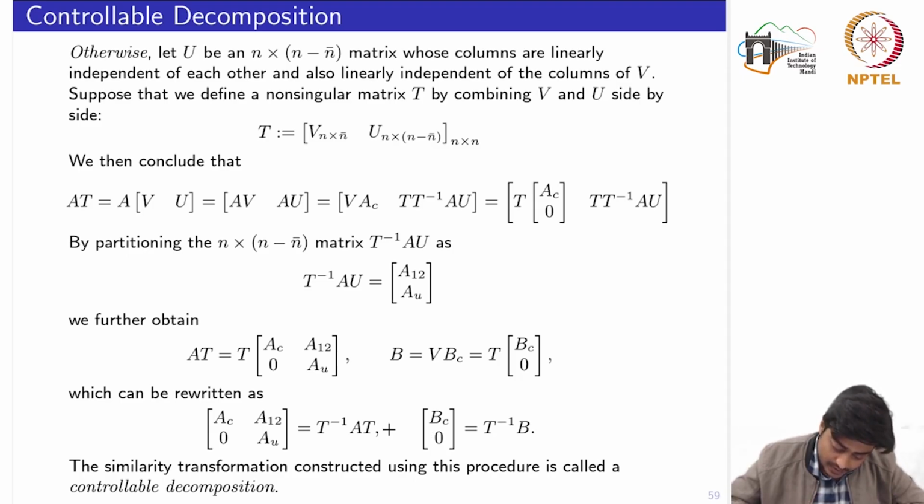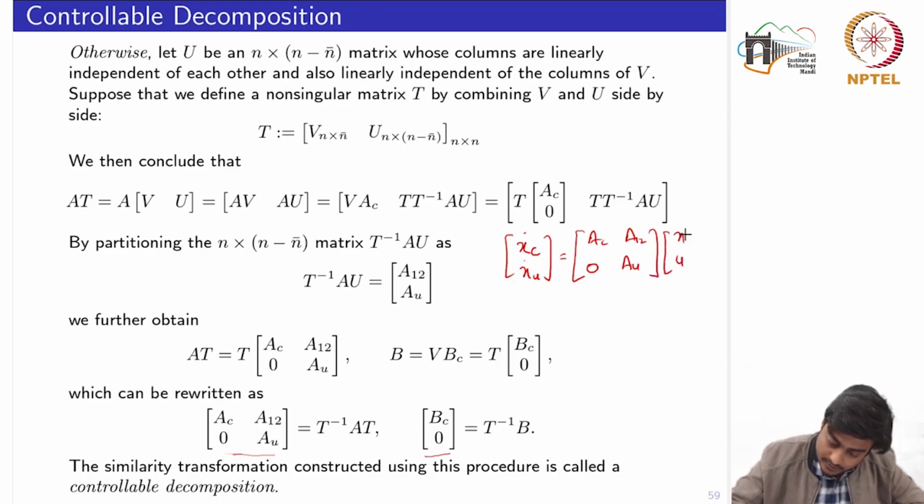So note that it should be clear from the visualization also. So suppose we have this A bar matrix and we say this is a B bar matrix, and suppose we denote XC and XU. Here we would have AC, A12, 0, AU, times XC and XU, plus BC, 0, times U. Okay, so this is also called a canonical form, by the way.